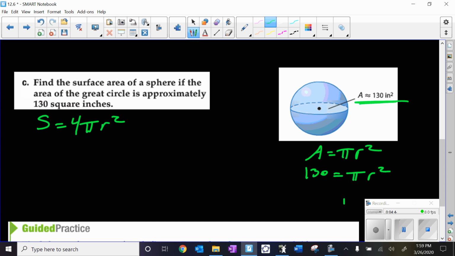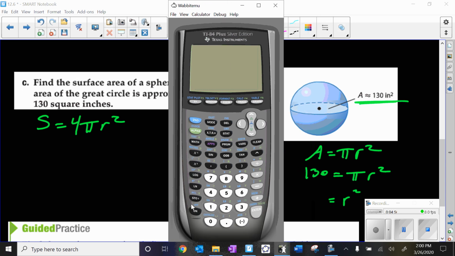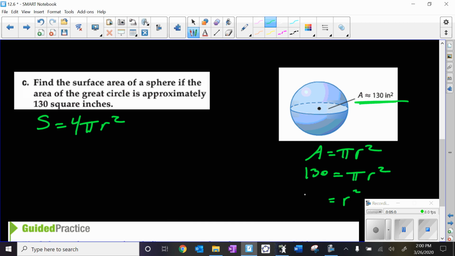I'll do each step. r squared. I'll do it on my screen so you can see this. 130 divided by pi gets me that value of approximately 41.38. And then to get r, you're going to take the square root of that, and it will be approximately 6.4.